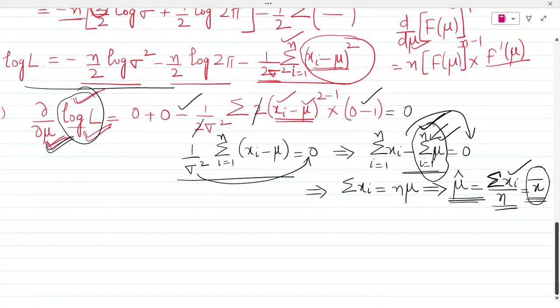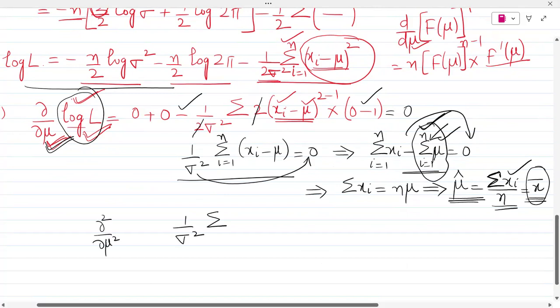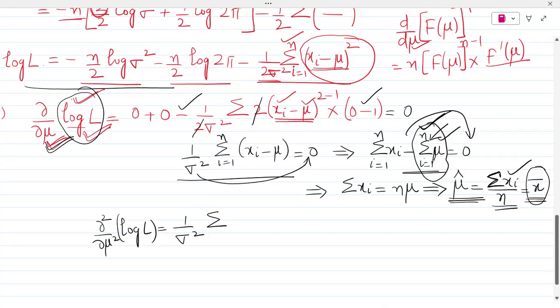So now 1 by sigma square and summation, the second derivative of log L with respect to mu. This was the first derivative. And now 0 minus 1, i from 1 to n. What is the derivative of xi with respect to mu? 0. And the derivative of mu is 1.